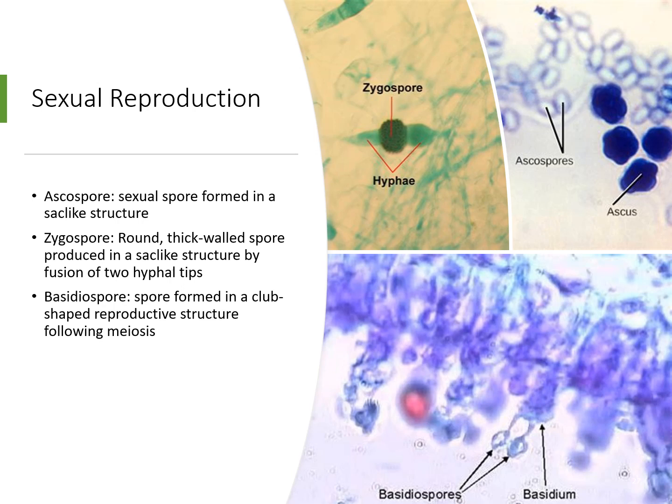A zygospore, in the upper left-hand part of the images, is two round thick-walled spores that come together through fusion. And an ascospore is a sexual spore that forms within a sac-like structure.